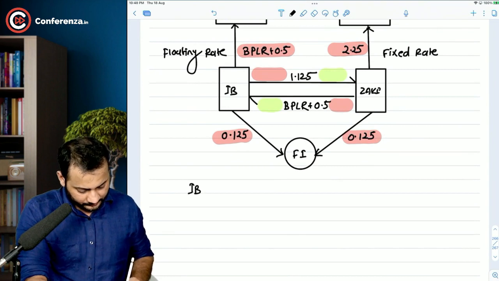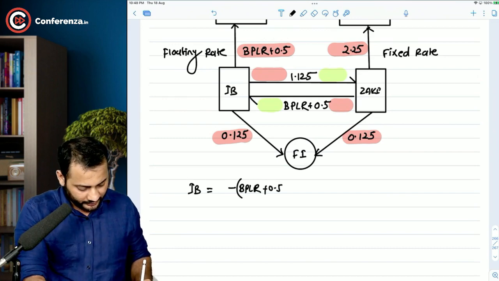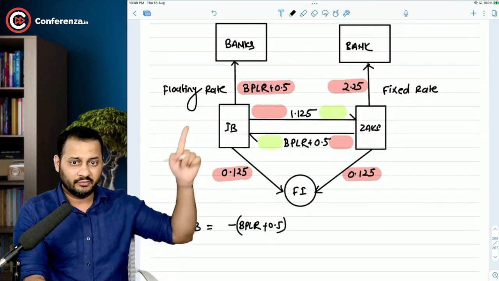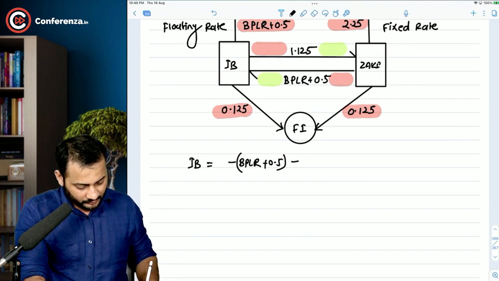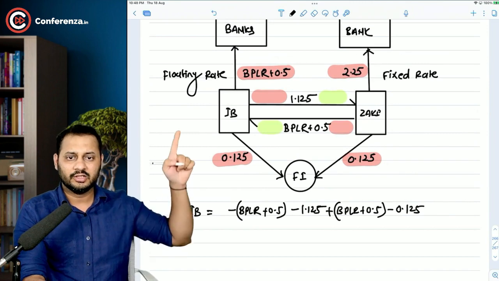For IB, it is minus BPLR, since we have paid, plus 0.5. Then we paid 1.125 as well, minus 1.125. Then we received BPLR plus 0.5, and then we paid 0.125. Am I right? Writing all the 4 figures.